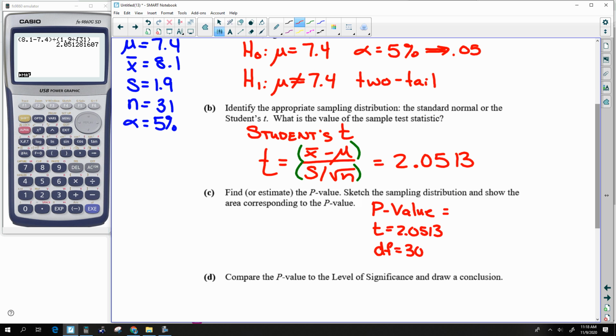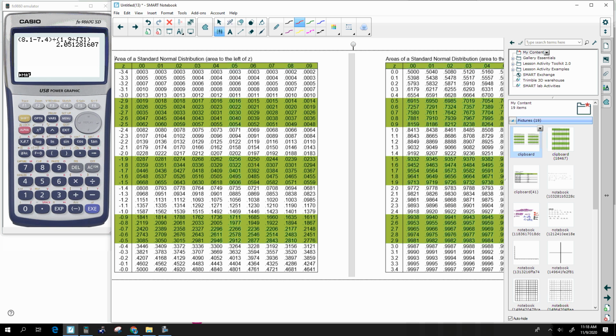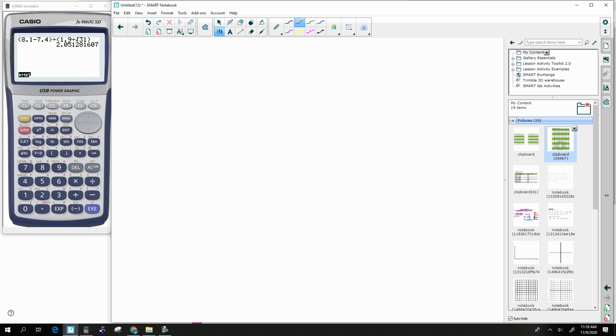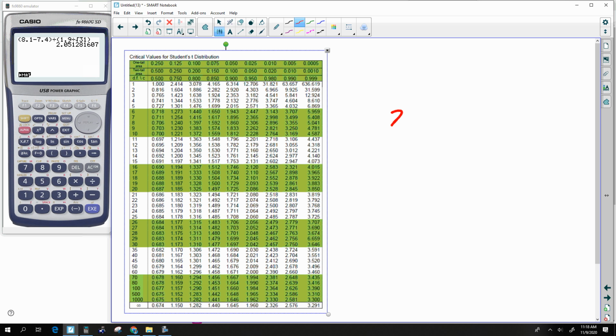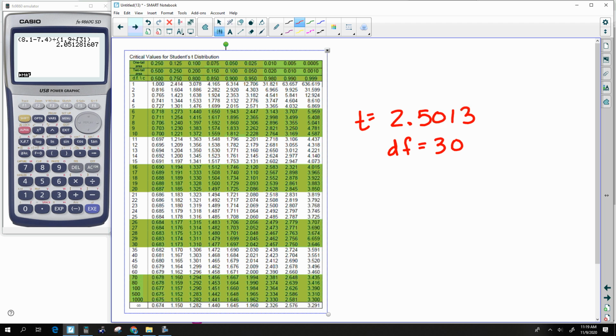Okay, so 2.0513. Is it 2.50? I totally forget the number. 2.051.